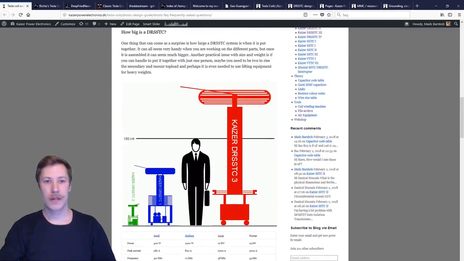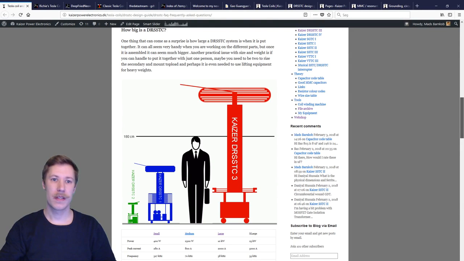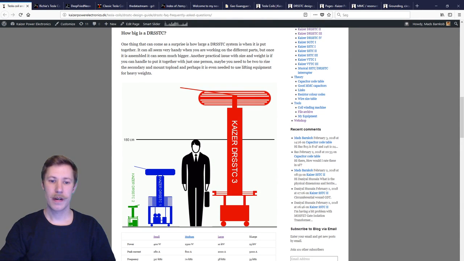I tried to illustrate this with this little graphic. This is me, I'm 1.8 meters tall. The blue coil is the first coil I built. That's a fairly manageable size, and there's absolutely no problem storing it or moving it around alone. The second one I built, the green, is a small tabletop coil. You can put that in a cupboard if you don't want to look at it.